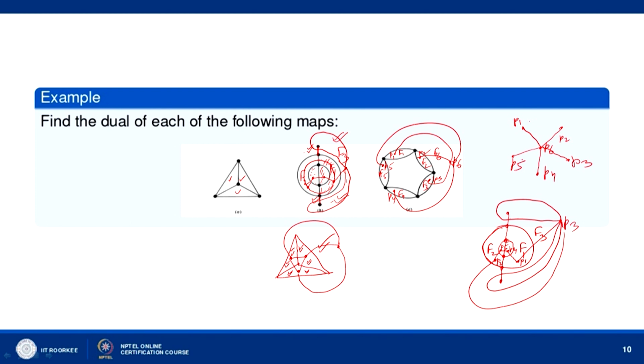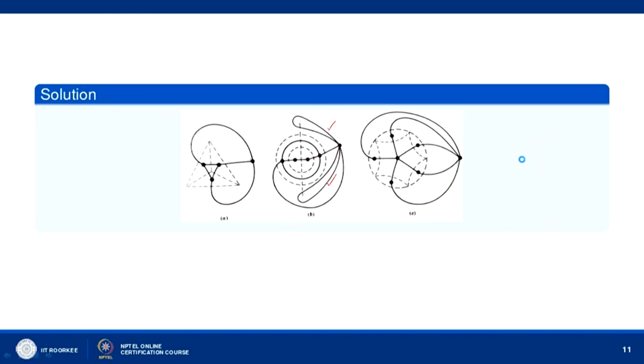P1 and P2 are not joined to each other because between the regions F1 and F2 there is no common edge, they are not adjacent to each other.